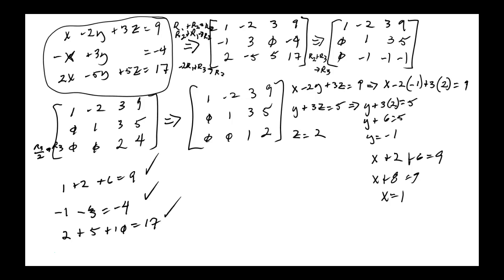Any row of zeros is moved to the bottom. So those are the 3 rules to give you row echelon form. Any row of all zeros gets moved to the bottom. Secondly, the leading non-zero entry in each row is a 1. And thirdly, the 1s are stepping to the right of the row above. Now, they won't always step just 1. They may step 2 or 3. But that's the rule.